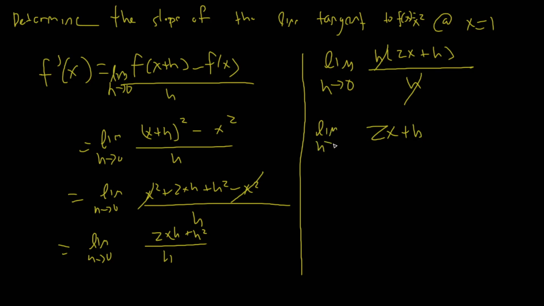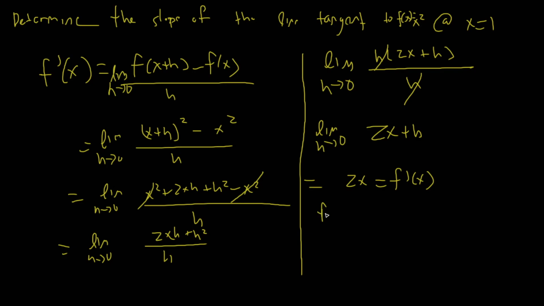Because previously we couldn't do that because we would just get 0 over 0, but now we could just substitute h equal to 0. This is just equal to 2x, which would equal f prime at x. And we call this the derivative, and another notation for it would be dy over dx, but I'll dig more into that later on.